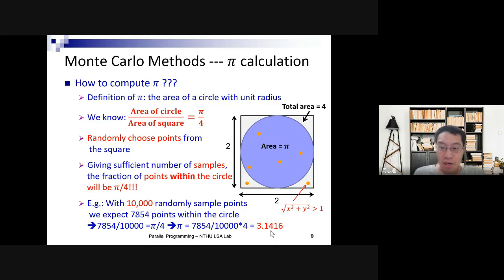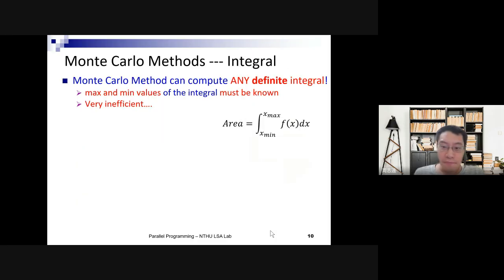Of course, that's the simplest example. Let me show you one more example that's a bit more complicated but follows the same concept. The second example for the Monte Carlo method is computing an integral.